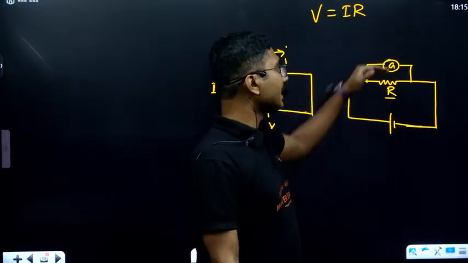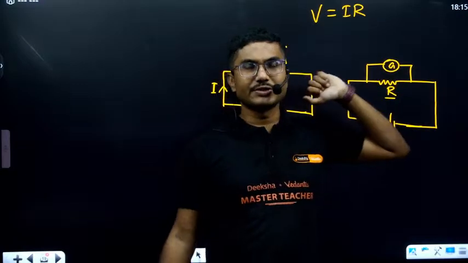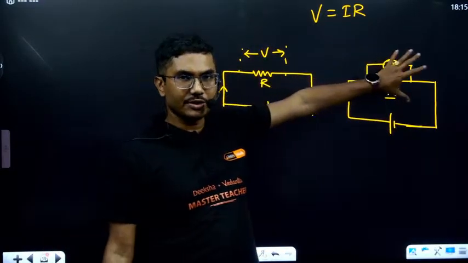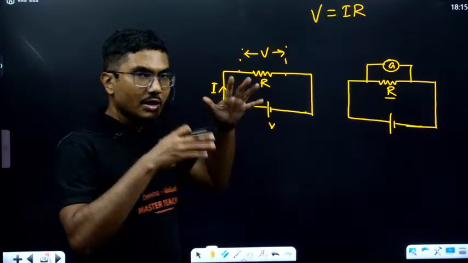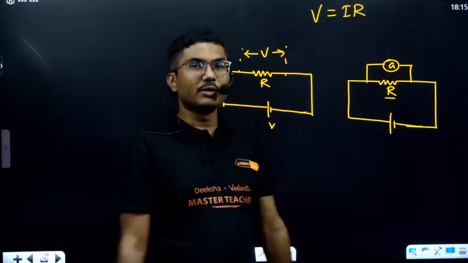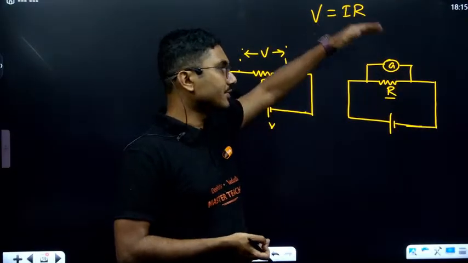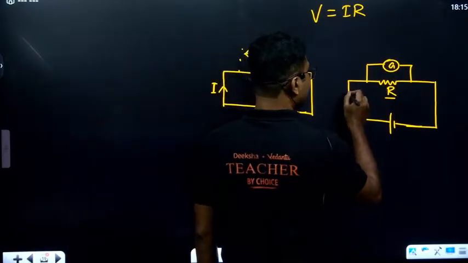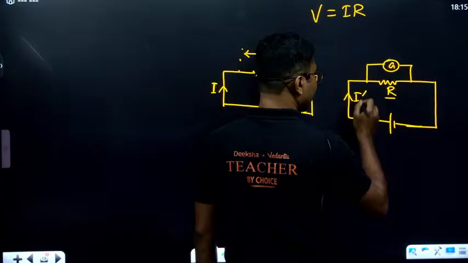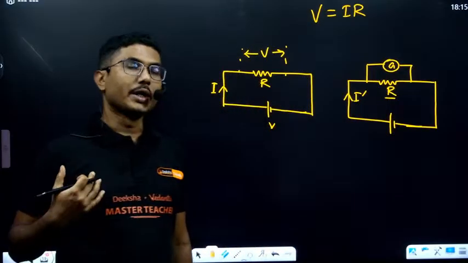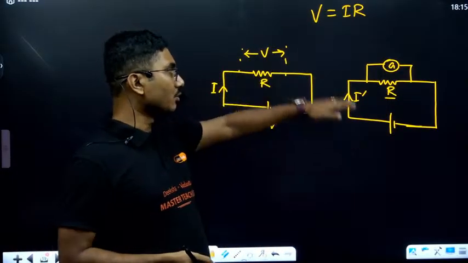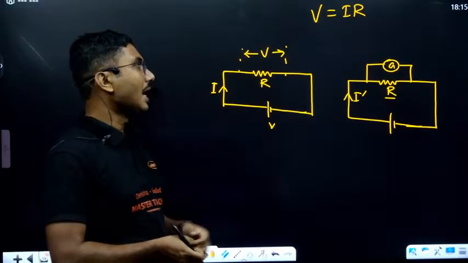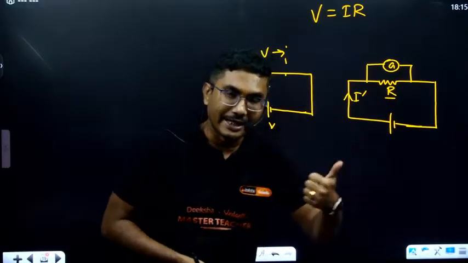So the overall resistance of this combination decreases, because whenever you combine two resistors in parallel, the overall resistance becomes lower. In that case, the current that was flowing in the circuit gets lower. Because the current gets lower, the voltage drop across the resistance becomes lower, and you get a wrong reading again.